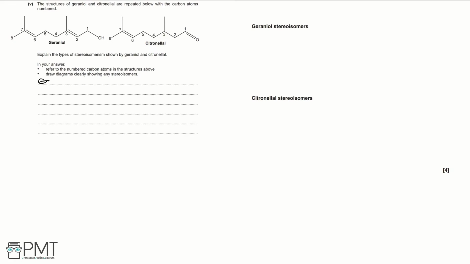The first type of stereoisomerism we can talk about is in geraniol, where we have EZ isomerism around carbons number 2 and 3. So in the question, we're shown the E stereoisomer for geraniol. So we need to draw the Z stereoisomer.